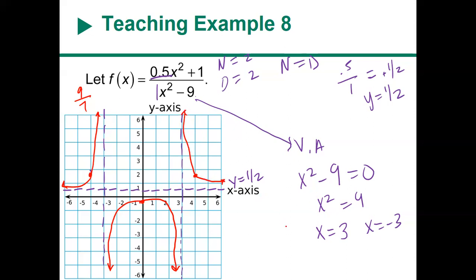The domain here, I'm gonna write it in another way. So we've practiced writing an interval. Now we're gonna write it in set notation. So my domain is x, but x cannot equal what? x cannot equal +3 or -3. I was just writing it as another option. So you could do the long one.